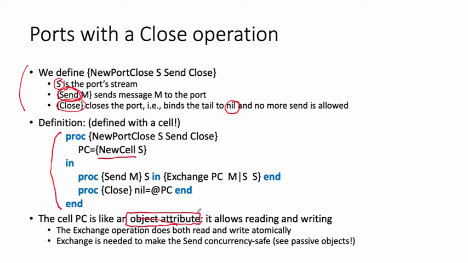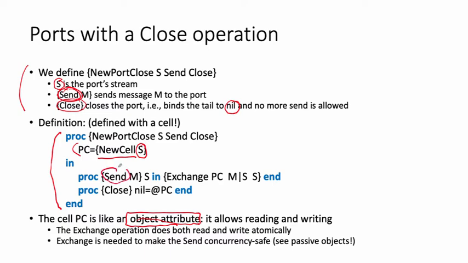I'm not going to explain completely how this works, except that I create the cell, and the cell is like a variable that you can assign and update, like an object attribute that we saw in the passive objects. And the cell will always contain the end of the stream.